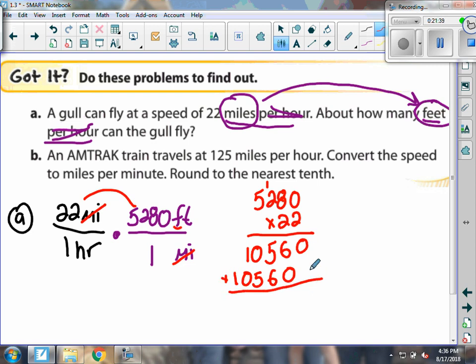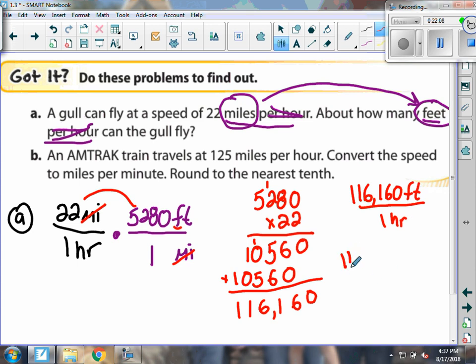So now we're going to add this together. I have 0. 6 plus 0 is 6. 5 plus 6 is 11. I have 5 plus 0 plus 1 is 6. 1 plus 0 is 1, and this 1 carries down. So my answer will be, write it over here, 116,160 feet per 1 hour.